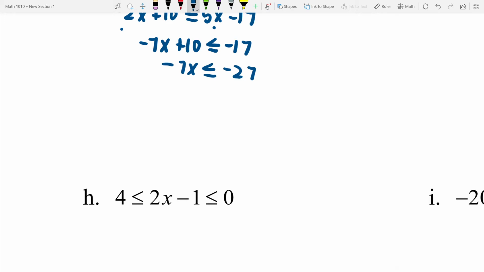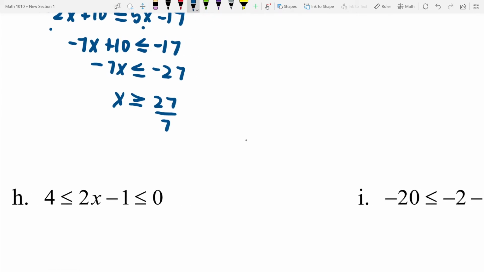Tell me what to do now. Divide by negative 7. So I have x is, talk to me, greater than or equal to 27 over 7. Just leave it, 27 over 7. If it reduces, you must reduce it, but just leave it improper. It's easier. Make your number line, 27 over 7.